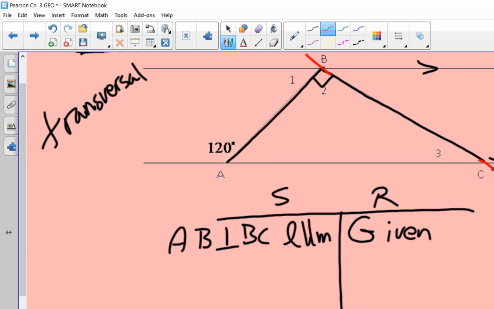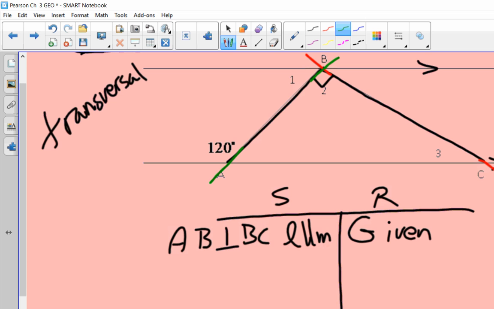Do I have a transversal? Yeah, I do. Can I extend this line here and here and get a second transversal? Yes, I do. Okay. So we're going to go ahead and kind of work this one out a little bit and see what we can get. Okay. So what do you know? What do you see? What do you know?